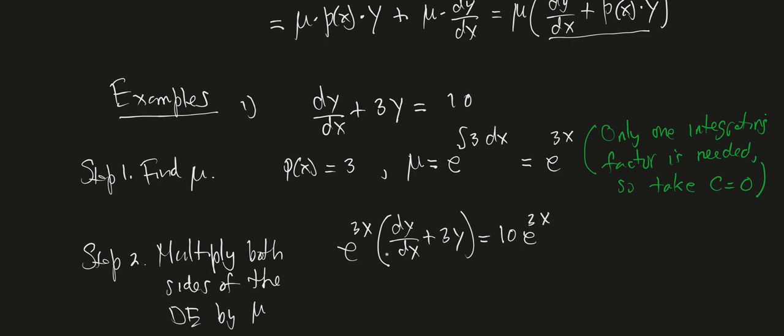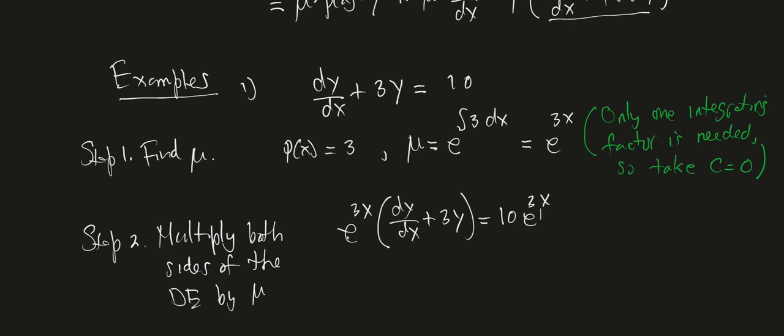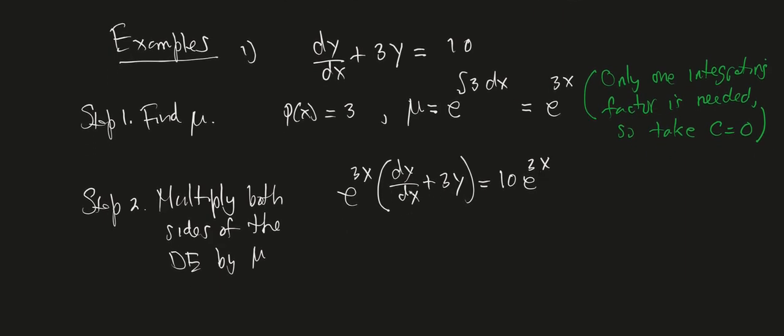And this is where we're going to look to see if we can find that hidden product rule pattern. So it's like a treasure hunt, and we're looking for that product rule. So let me go ahead and distribute the e. I'll have e^(3x) dy/dx + 3e^(3x) times y. And on this side, I still have my 10e^(3x).